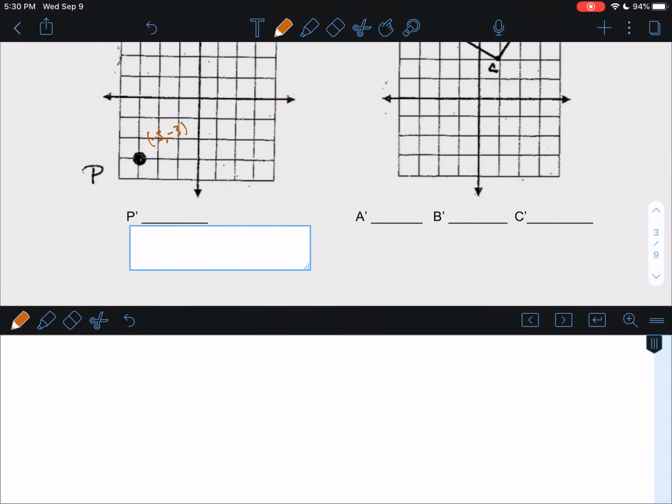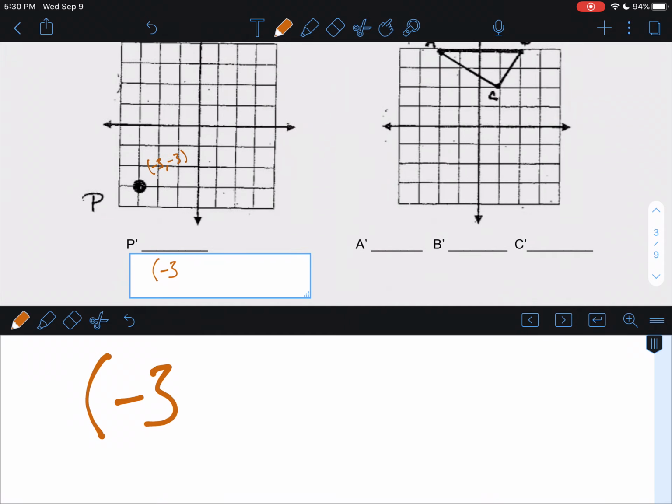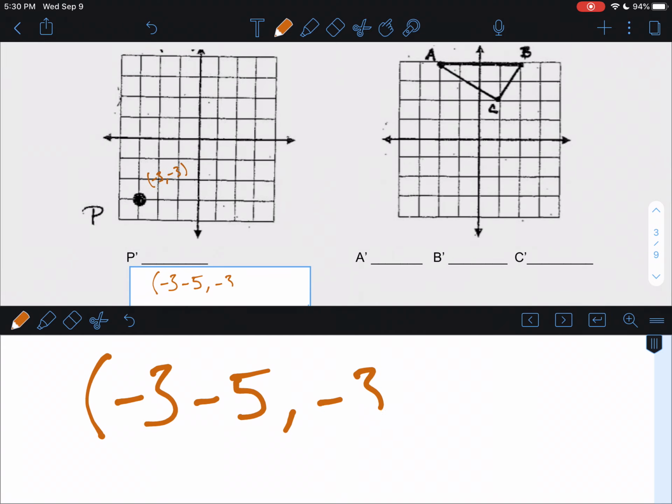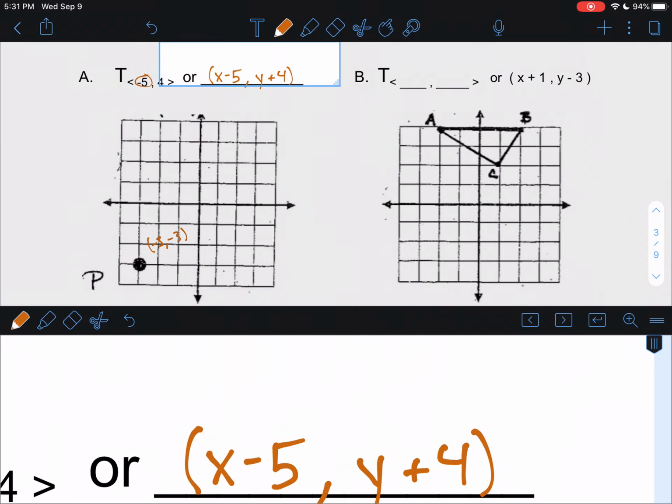Let's see, what did the coordinate form tell me? -3 minus 5, and then -3 plus 4, because I just plugged it into the coordinate form.